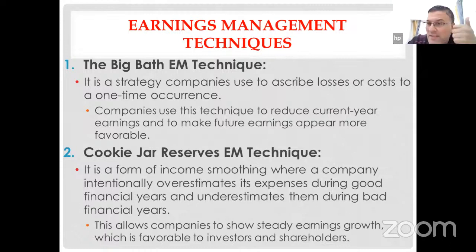Another technique, the second technique, also popular in accounting literature, is the cookie jar reserves earnings management technique. It is a form of income smoothing, where a company intentionally overestimates its expenses during good financial years and underestimates them during bad financial years.